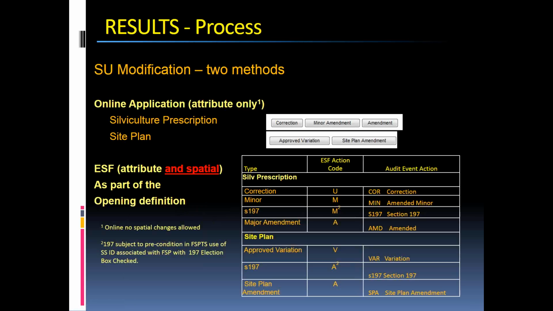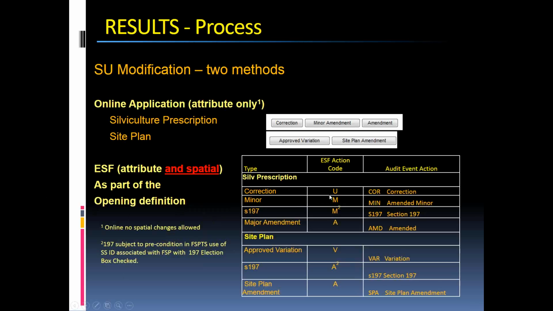So when you're doing an SU modification for ESF, it is actually a part of the opening definition, but it's the use of the action code that differs. This table provides a breakdown: if we're dealing with a silviculture prescription document, different action codes match the different kinds of changes you can make.